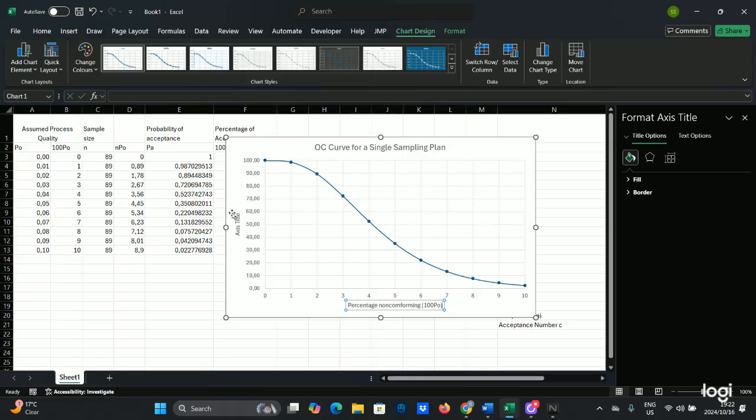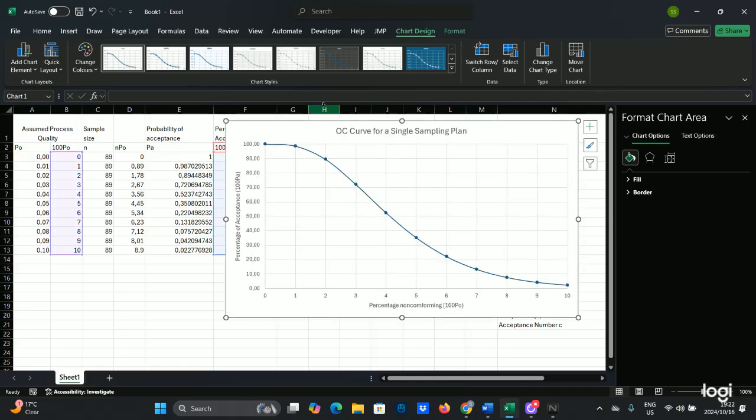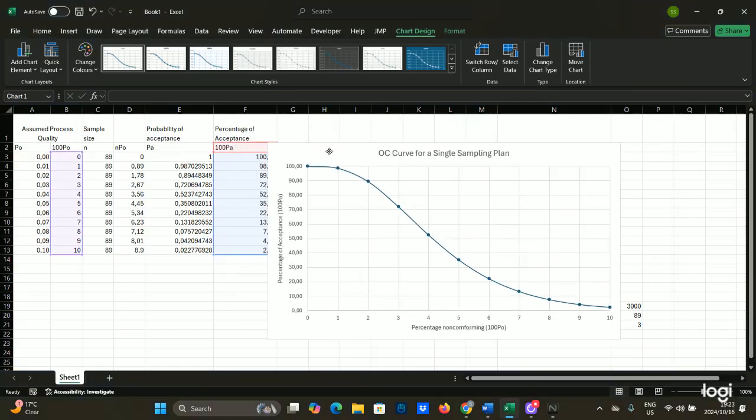And then your y-axis is going to be your percentage of acceptance, which is your 100 PA. And then now you have properly done your OC curve.